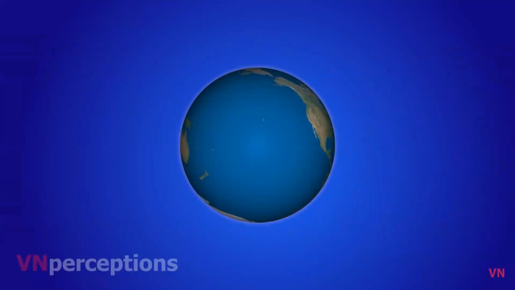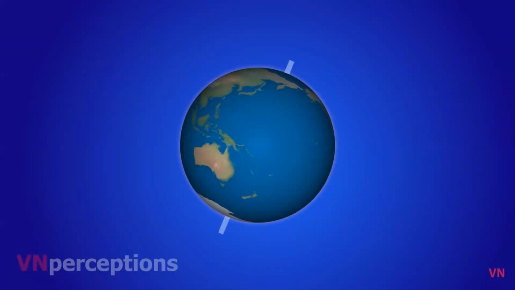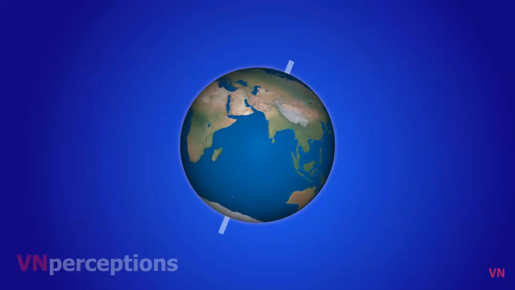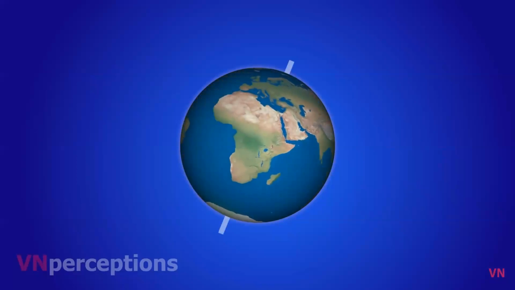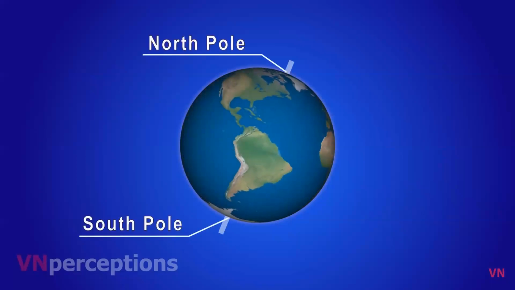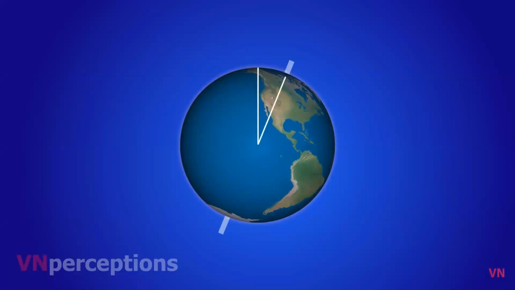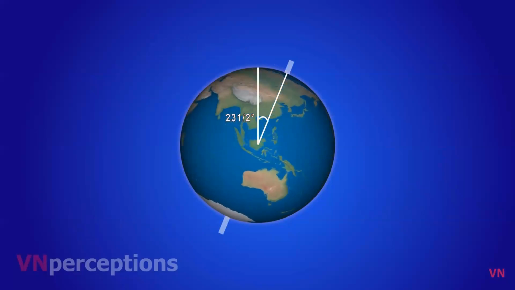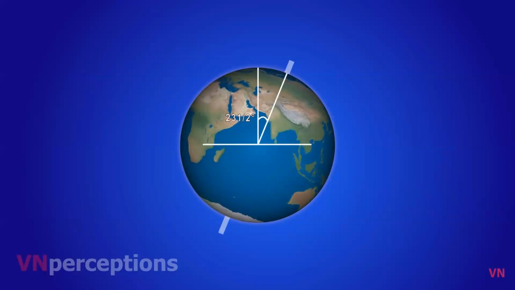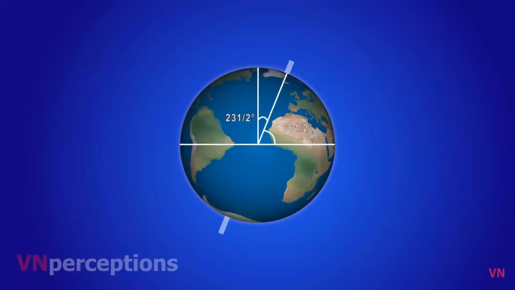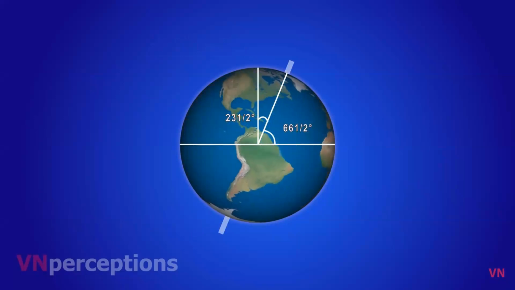The axis of the Earth is an imaginary line passing through the center of the Earth as it does on the globe. The two endpoints through which the axis passes are known as the North Pole and South Pole. The axis is tilted at an angle of 23.5 degrees from the vertical. This means that if a line were drawn parallel to the plane of the Earth's orbit, the Earth would make an angle of 66.5 degrees to this line.